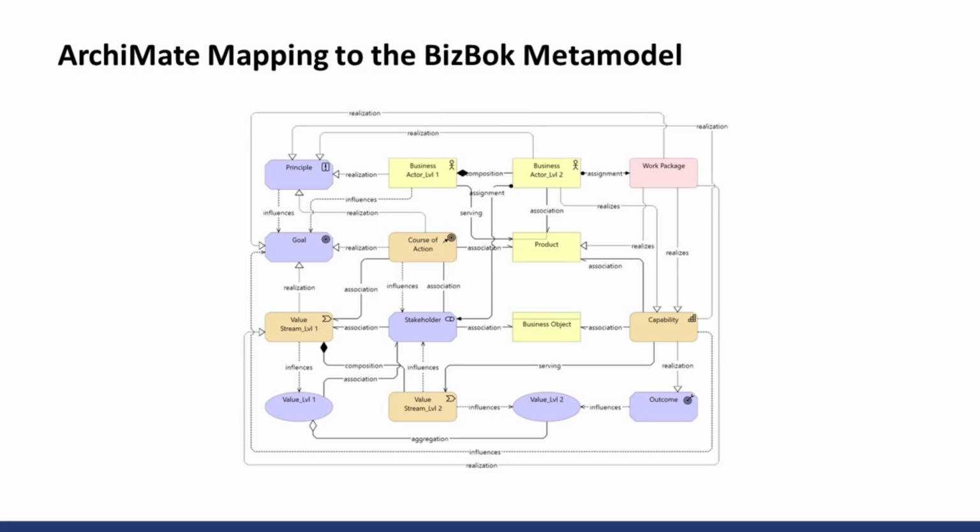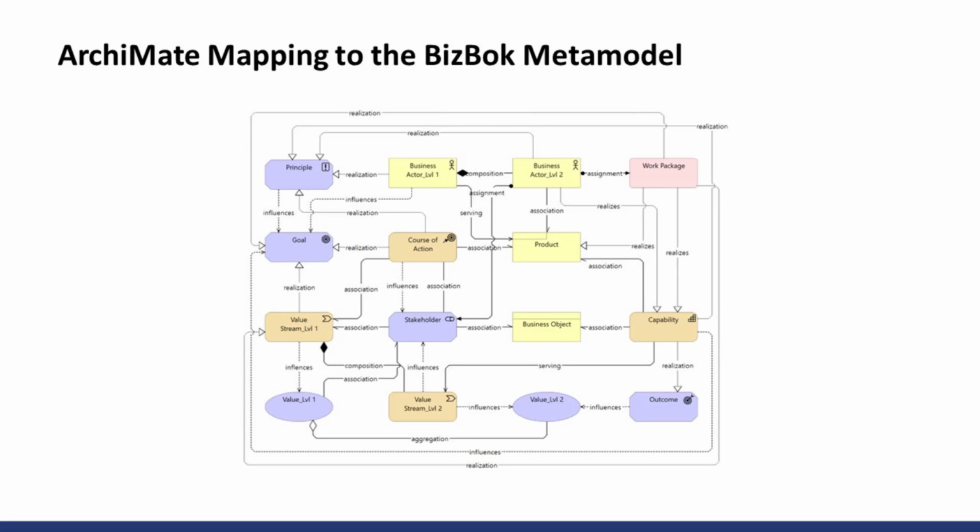You will see on closer inspection of the supplied ArchiMate model that against relationship properties for, say, a serving relationship between capability and value stream level 2, there is a mapping to the corresponding BizBok relationship between capability and value stream stage. We will see a consolidation table of all relationship mapping when we dive into detail later.